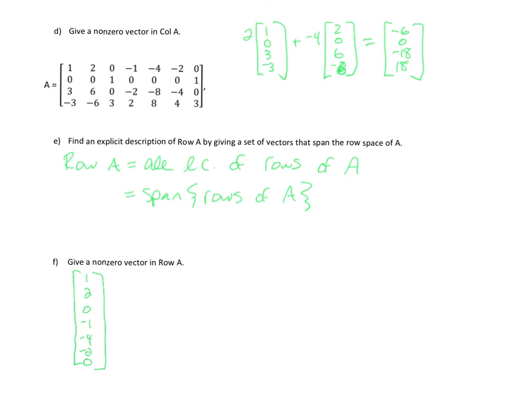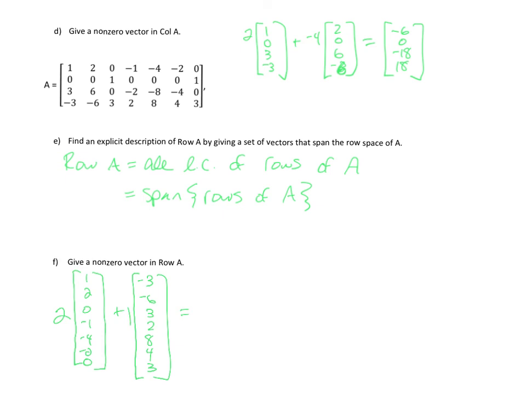And let's see, this first row, I'm going to give a weight of 2. And the second row and third row, I'm going to give a weight of 0. And then the fourth row, I'm going to give a weight of 1.